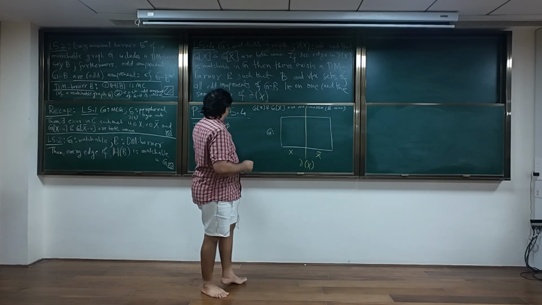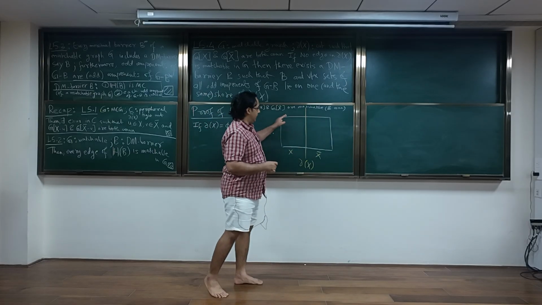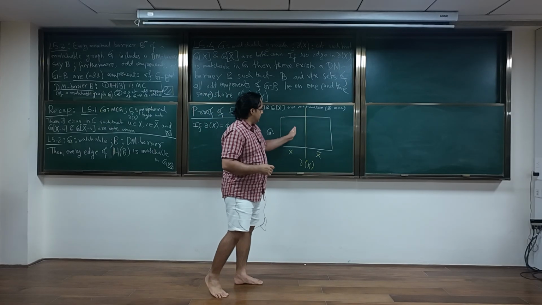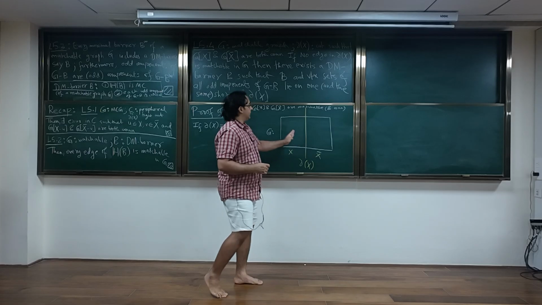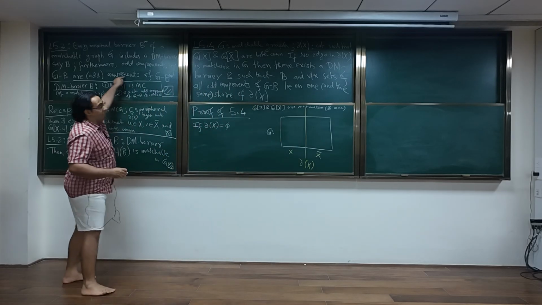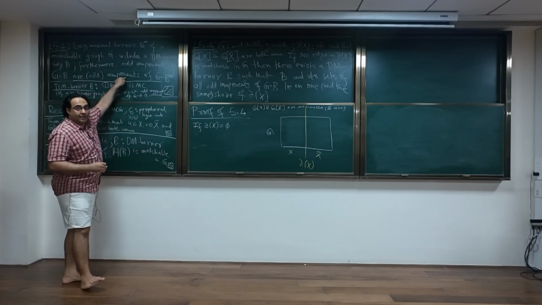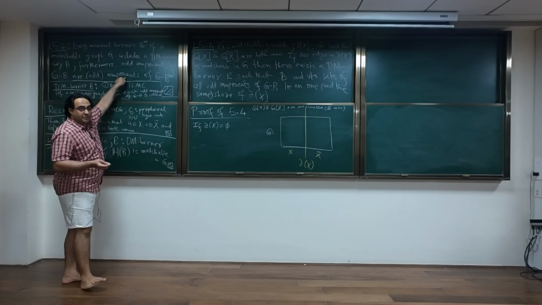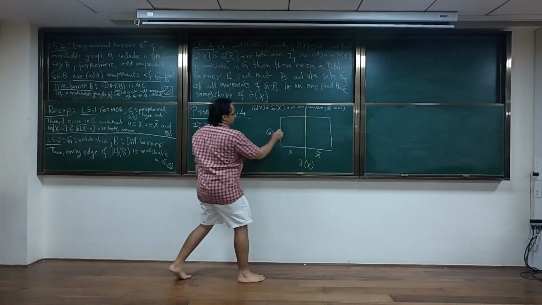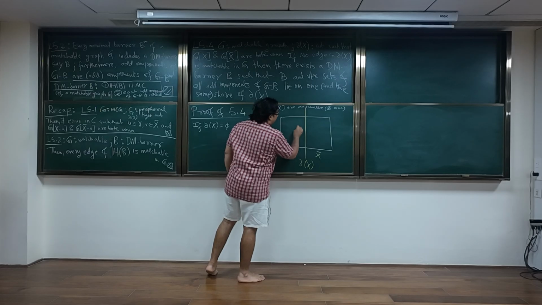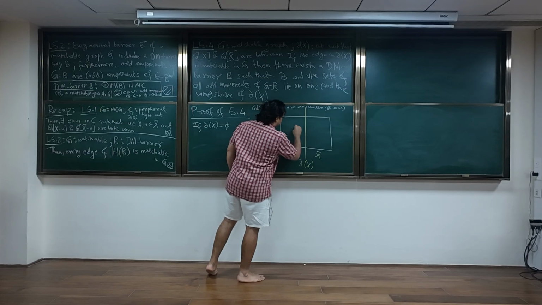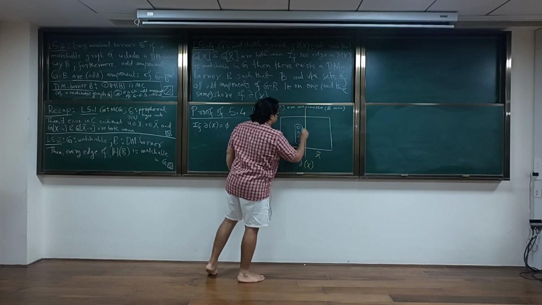So because this is a matchable graph and there are no edges here, I will just take a Dulmage-Mendelsohn barrier in this graph, which we know exists by Lemma 5.3. Take any maximal barrier, inside that lives a Dulmage-Mendelsohn barrier. So I'm just dealing with the left graph, ignore the right side.